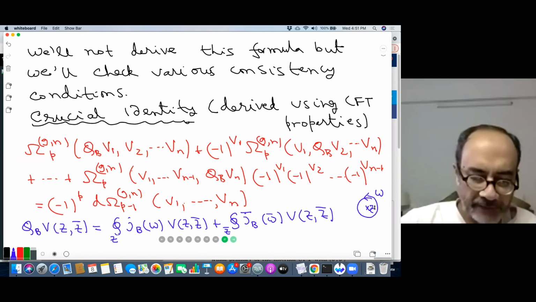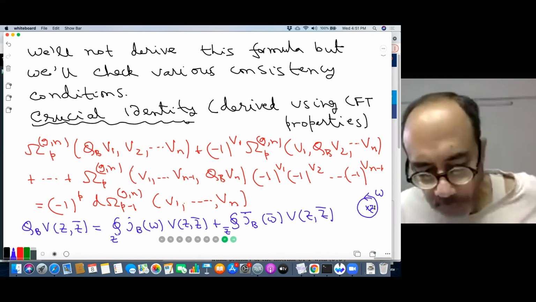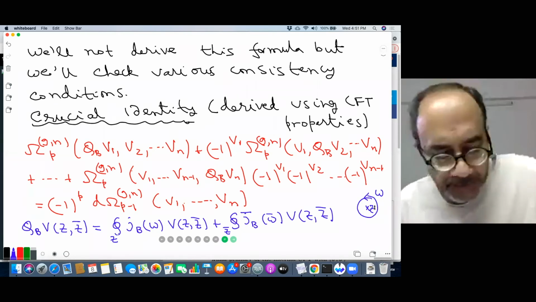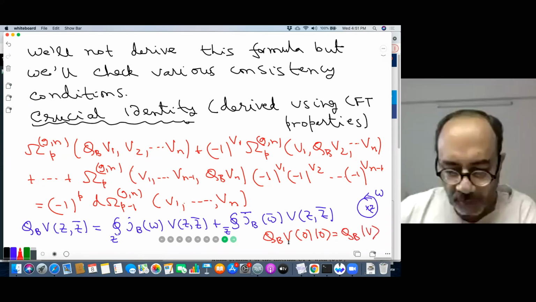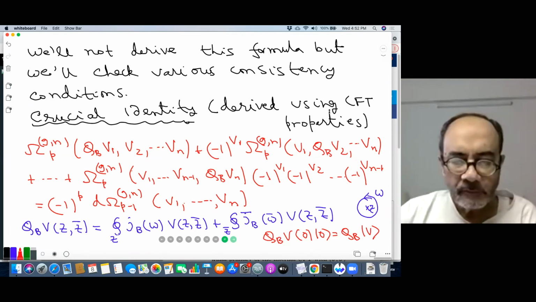And you can easily convince yourself that if you define QB V this way, then QB V at 0 is nothing but QB on the state V. So this is the identity. As I said, it is derived using CFT properties, but let me say what CFT property one uses.